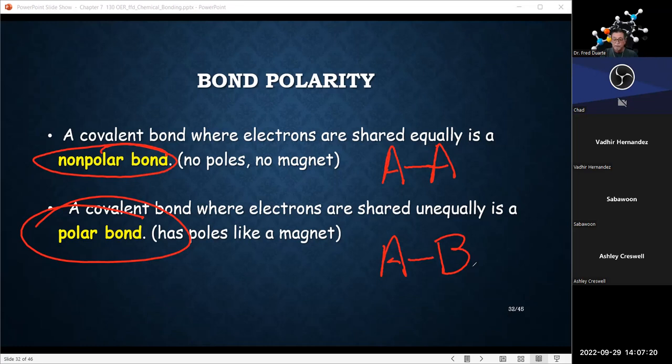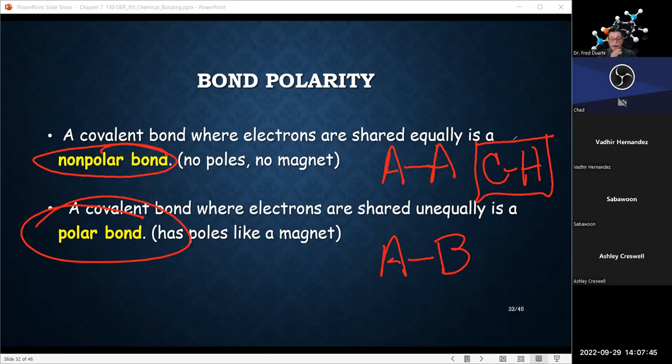And once that's different, you have a polar bond because one of these guys is going to pull the electrons onto itself. The only exception, and this is long-term memory, is the carbon-hydrogen bond. Even though they're two different atoms, the electronegativity of carbon and hydrogen is essentially the same.